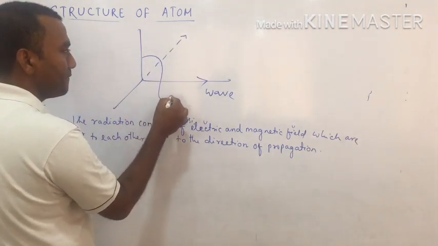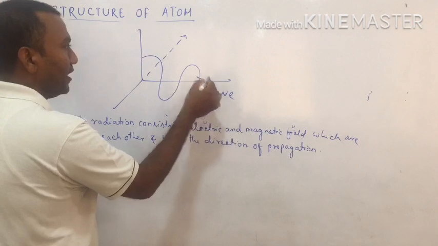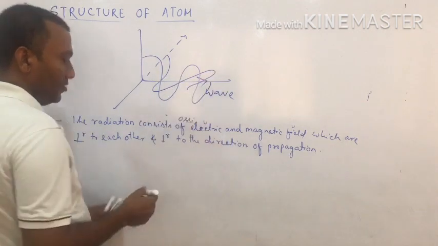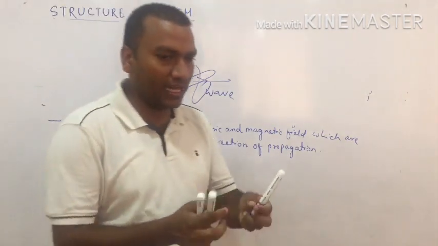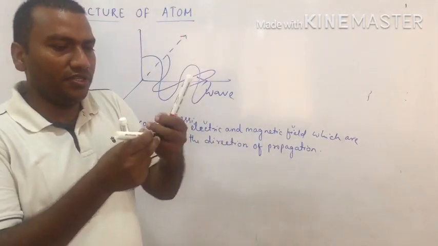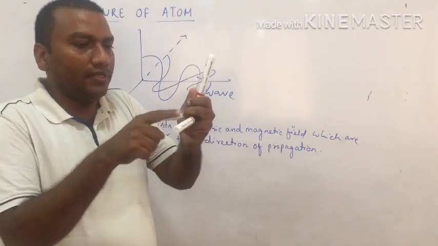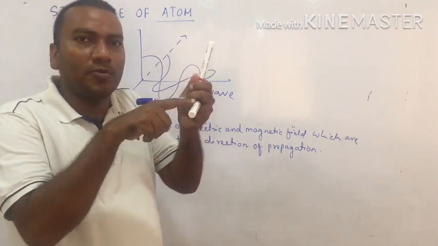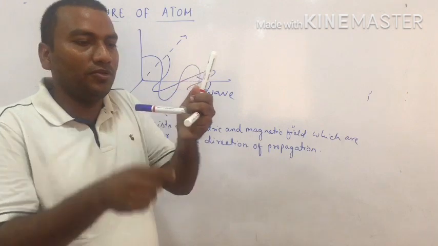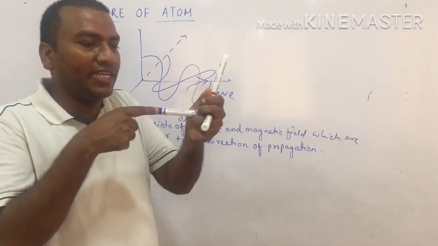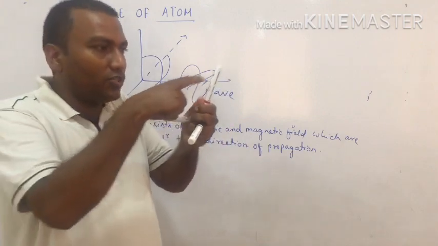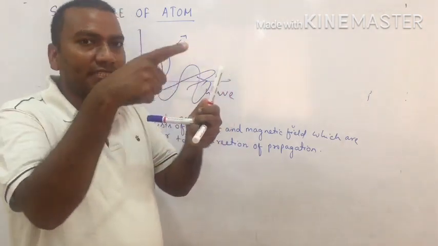You see, in 3 dimensions, suppose this marker pen is one axis, another axis, another axis. If this is the direction of propagation of the wave, the oscillating electric field is like this, perpendicular. The oscillating magnetic field is like this.